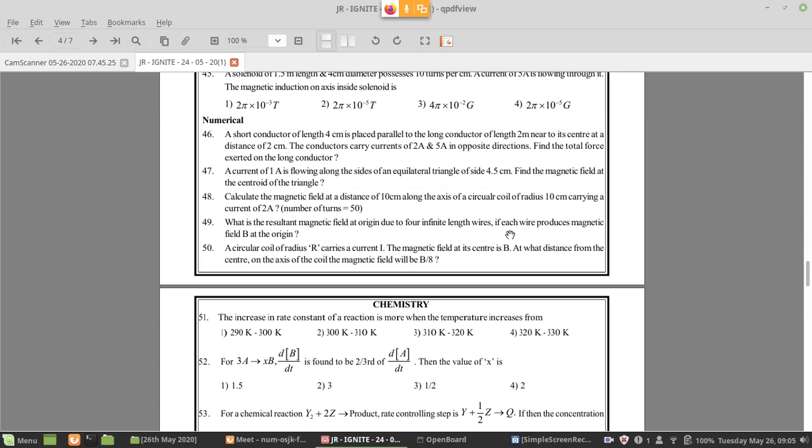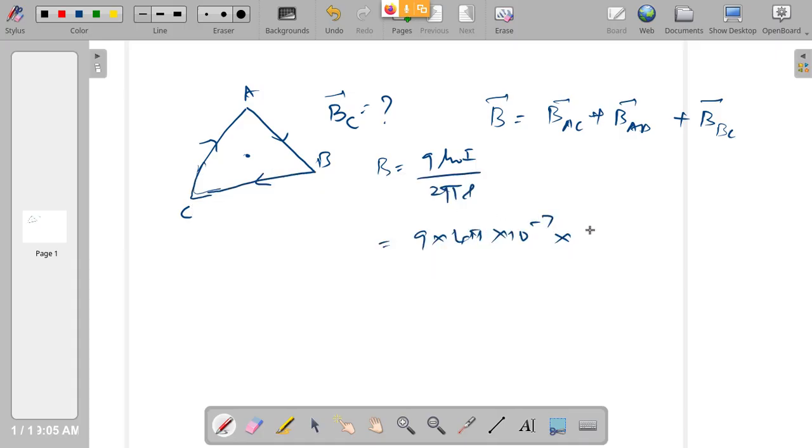L is 4.5 centimeter, so current is 1 ampere, 1 divided by 2 pi into length 4.5 centimeter. I am writing it in meters here.